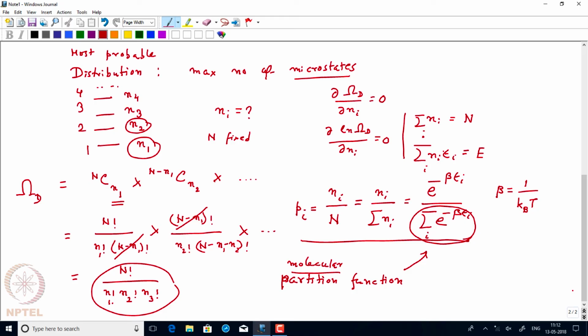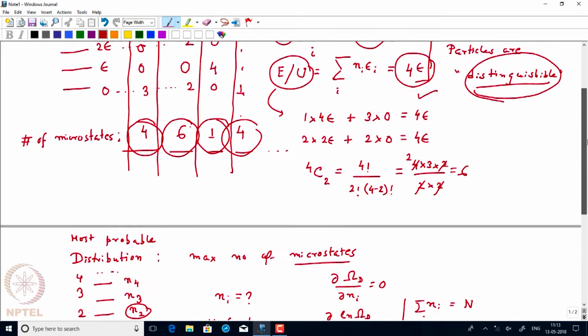Then I do the statistics of all these systems, because the probability of having a microstate with one particle in energy level 4 epsilon and 3 particles in 0 will be weighted by this number.